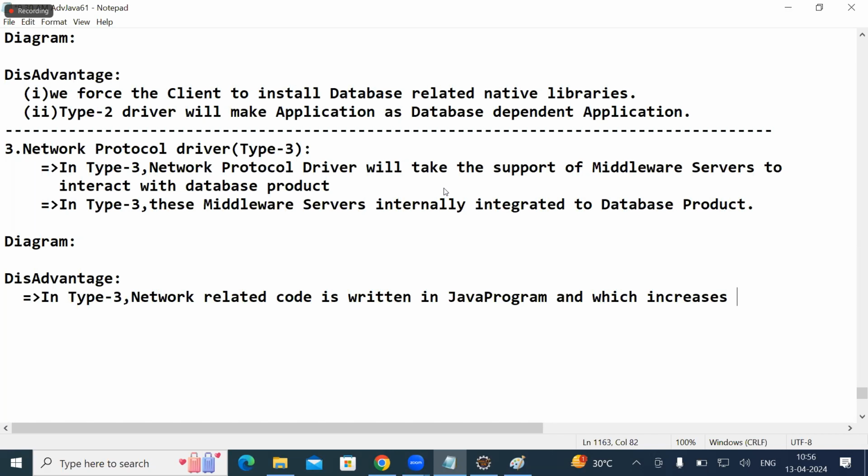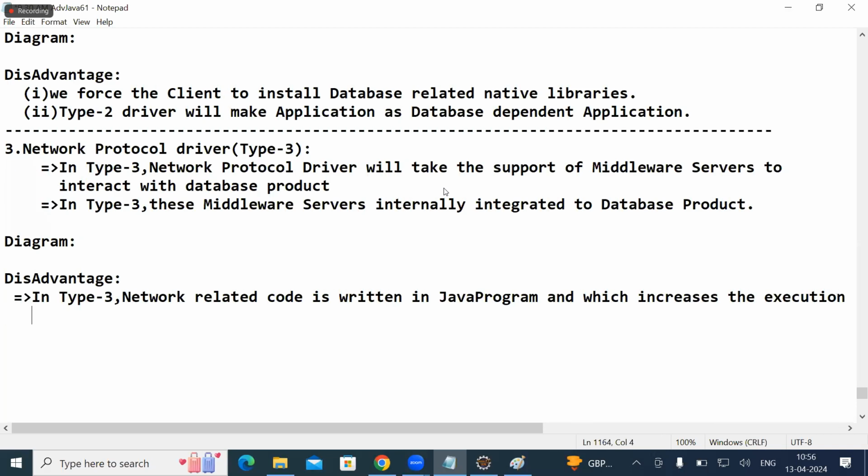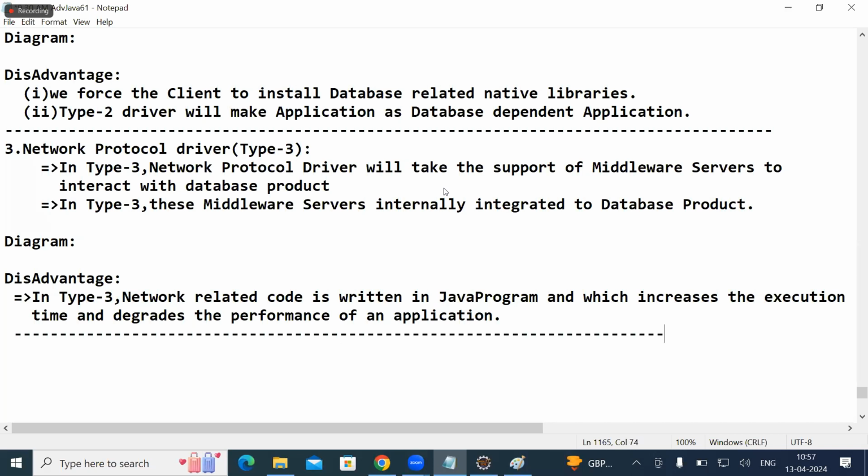In type 3, network related code is written in the Java program, which increases the execution time and degrades the performance of an application.